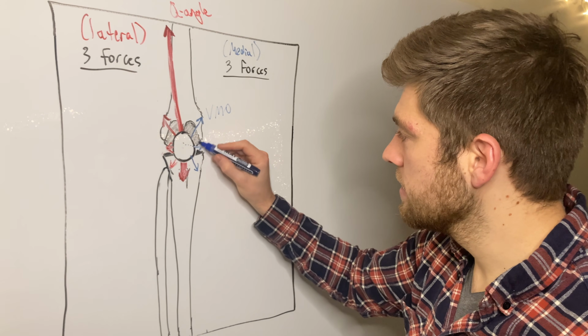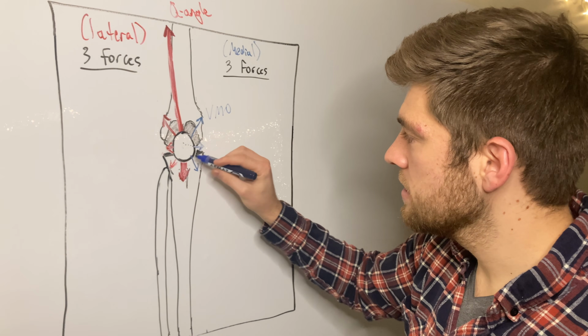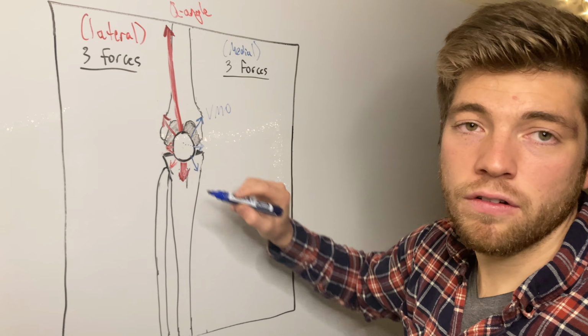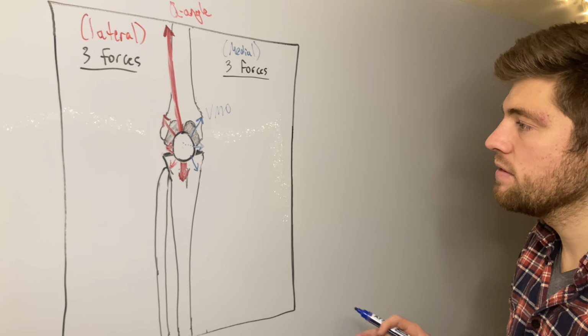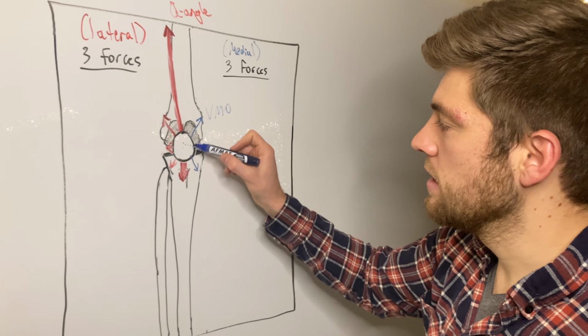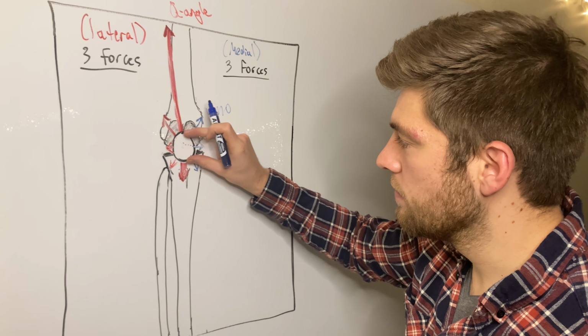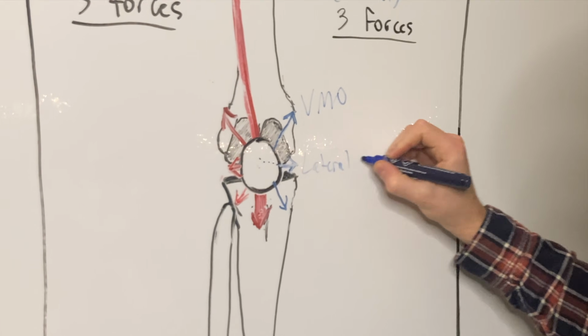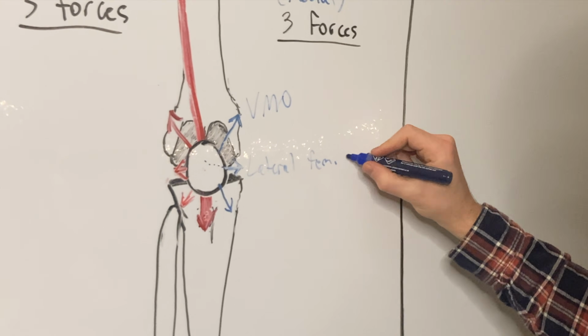This second arrow here is going straight in because it has to do with this lateral femoral condyle, which sticks out a little bit farther than the medial one. It's going to push the patella in. So we'll say lateral femoral condyle.